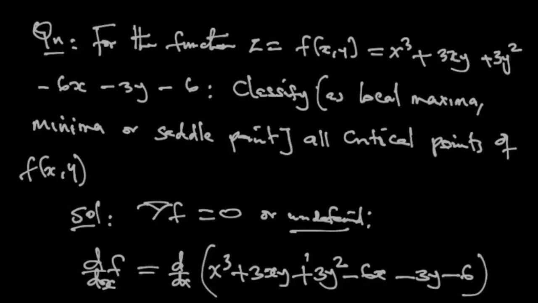Now everything that doesn't have an x in it is considered constant, so those will go. When you differentiate a constant, it's always 0. So what we have there is 3x squared plus 3y minus 6. Now we equate it to 0 to get x and y.